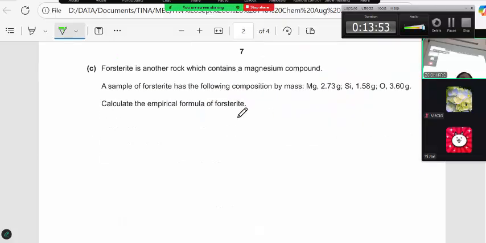Okay, do you remember how to count this or not? Count now. So you take mass over molar mass.